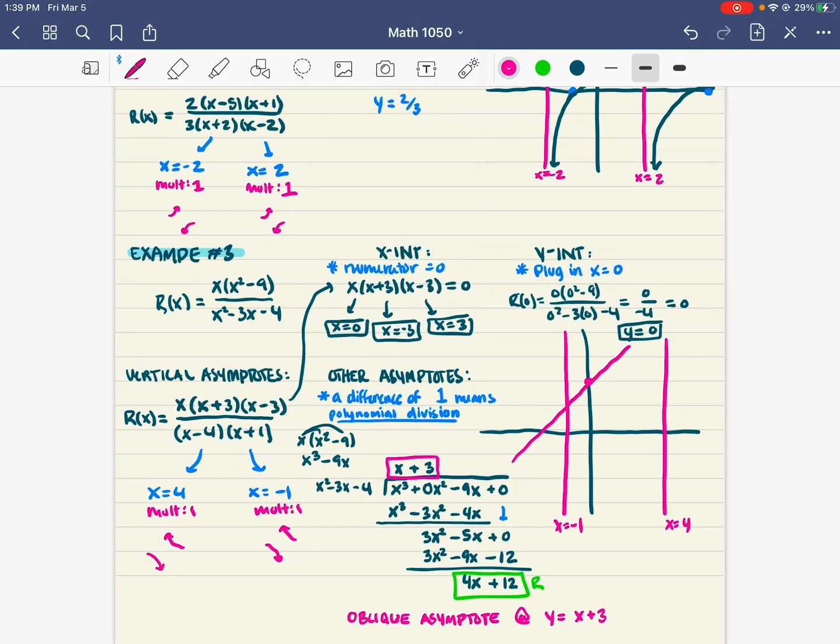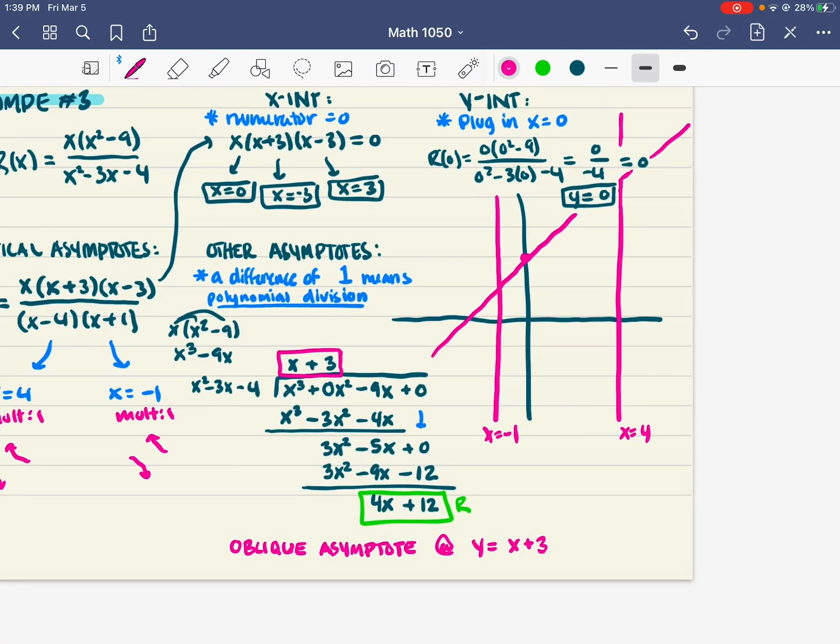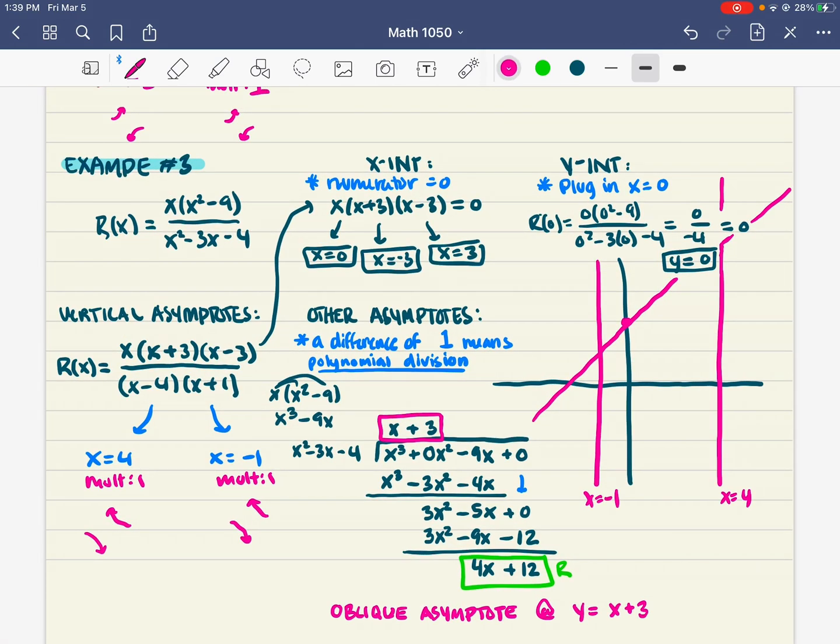This is not going to be enough room. Annoying. There we go. We'll make that work. Here's that other asymptote continued. Awesome. We also have x-intercepts and y-intercepts to graph here. So we have an x and y-intercept at 0.